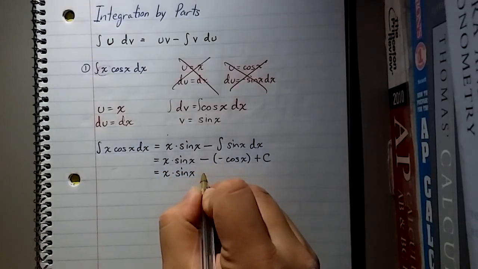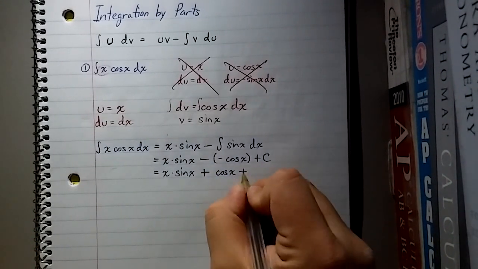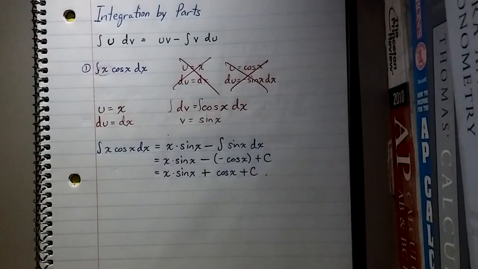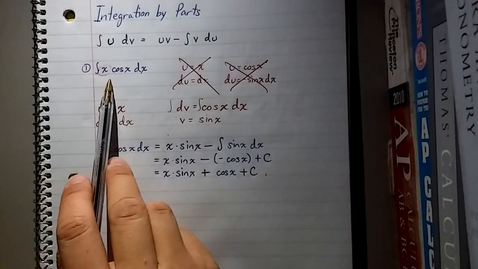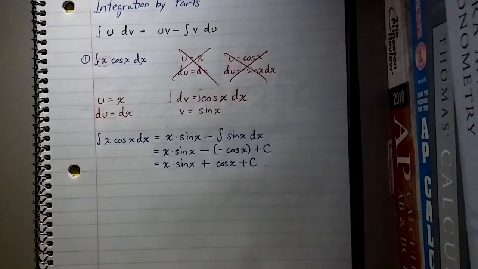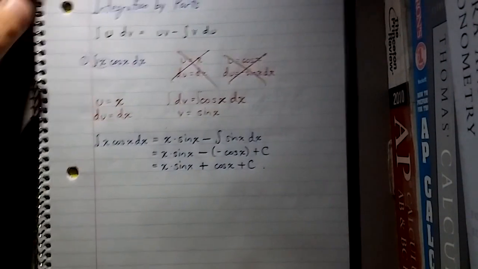So negative negative makes it positive. Cosine x plus c. So that's your integral for this thing. This is probably the easiest example I can give you. There are some trickier things I can say. So move on to the next part, number 2.